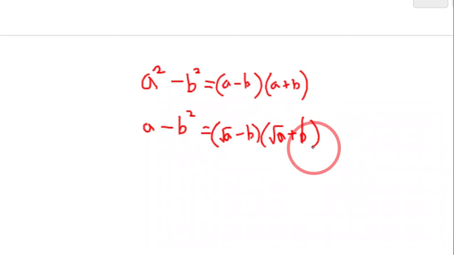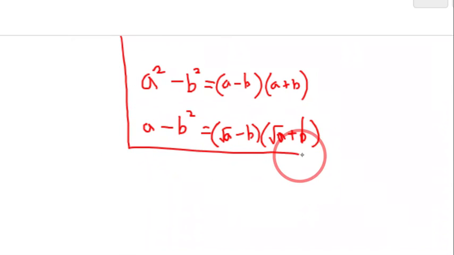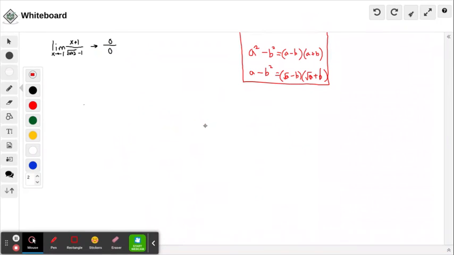And that's just something that you learned, hopefully, in your algebra class. If you didn't learn it, memorize it now, and then play around with it after the video to see if you can build an intuition of why that's the case.